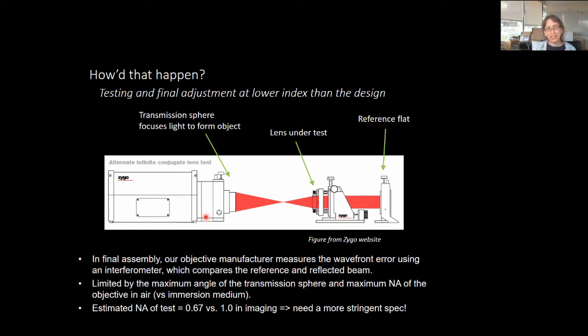Sorry about that. So the answer is they had not built objectives at this NA before. I am certain from the performance of Zeiss and Nikon objectives, which I now know how to test in some detail, that they are testing at the NA that they image at. And they have a big advantage in that they build whole imaging systems. And we had contracted this objective with an optics shop that doesn't build imaging systems. They just build compound lenses.